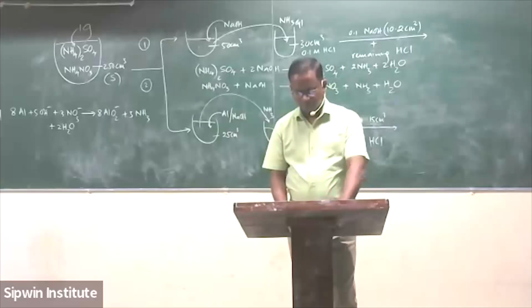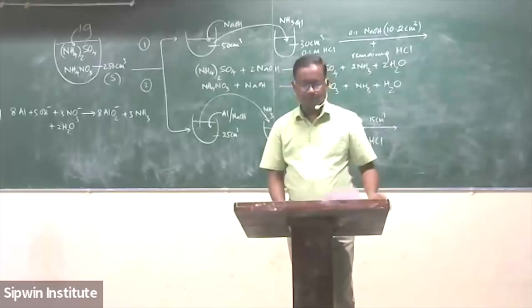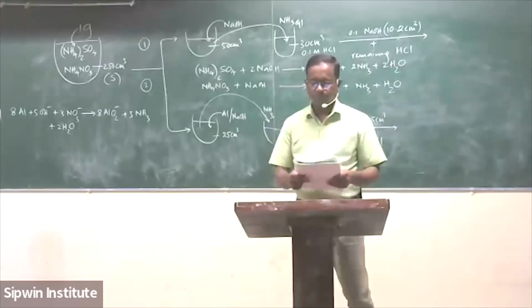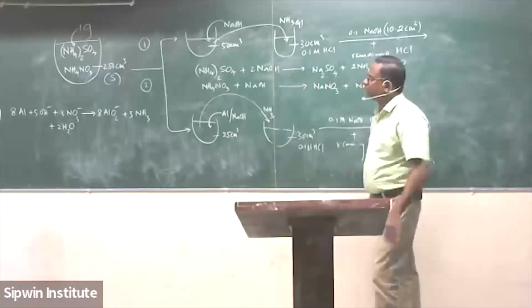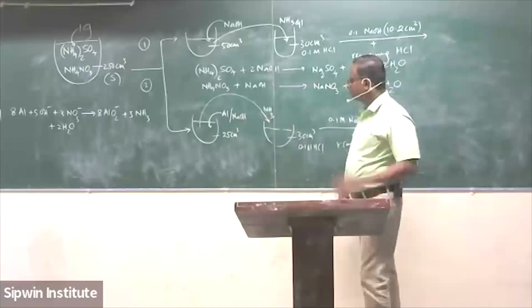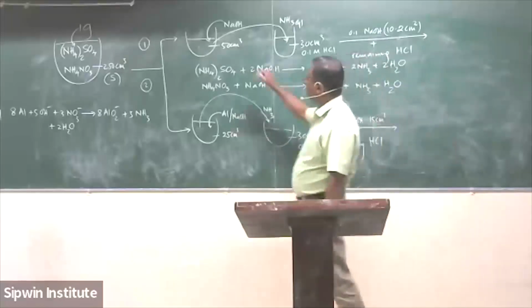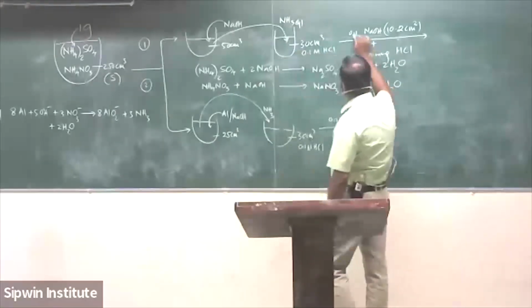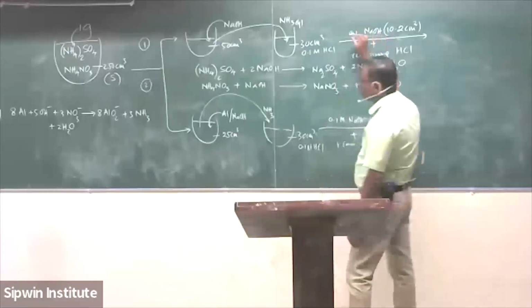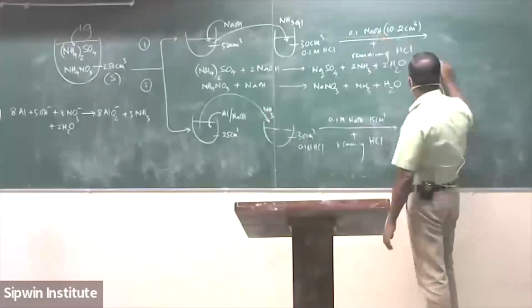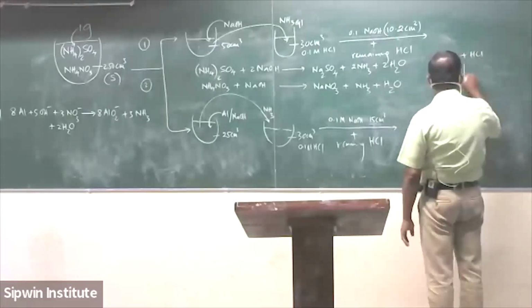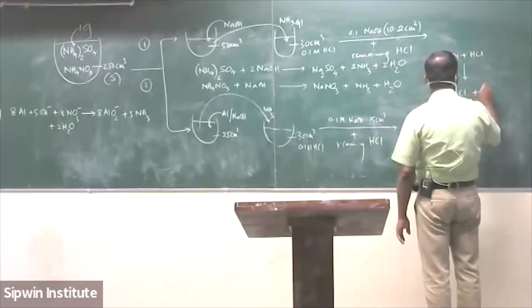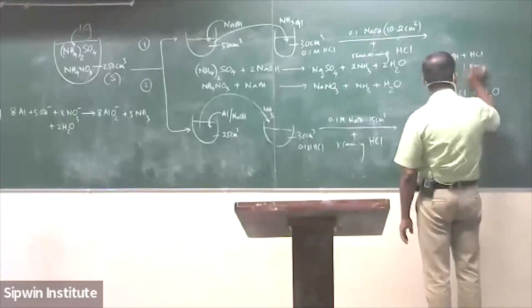Calculate the mass percentage of each of the compounds, ammonium sulfate and ammonium nitrate, in the solid sample. Method: here, you can determine the sodium hydroxide moles. Write the sodium hydroxide HCl reaction, sodium chloride and water, a 1:1 reaction.